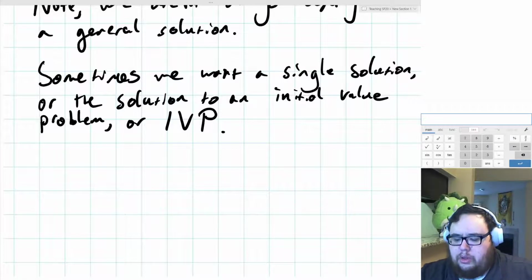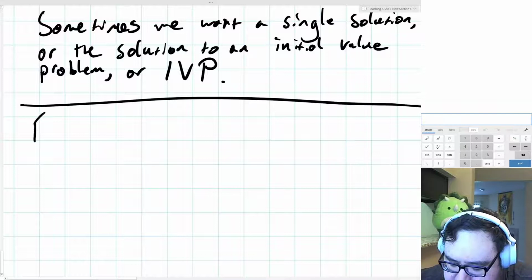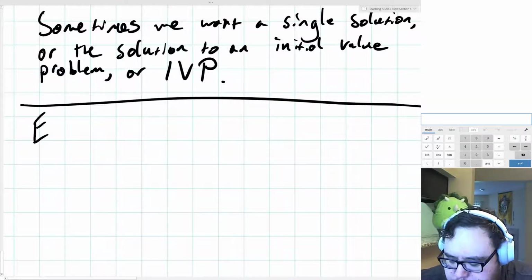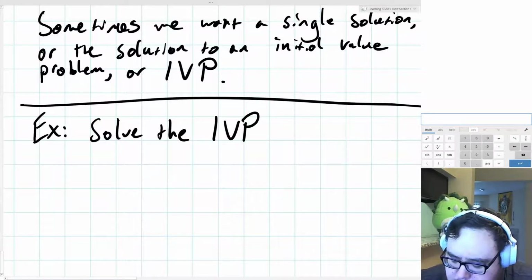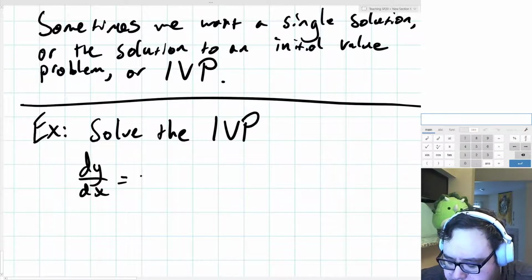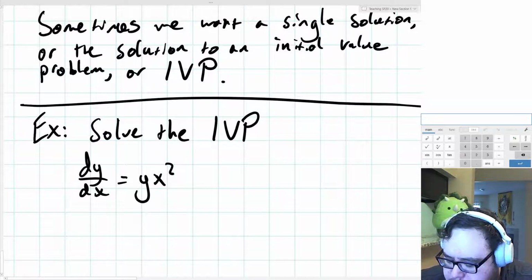So for example, we're going to solve the initial value problem dy over dx is equal to yx squared, and y of 1 is equal to 2.